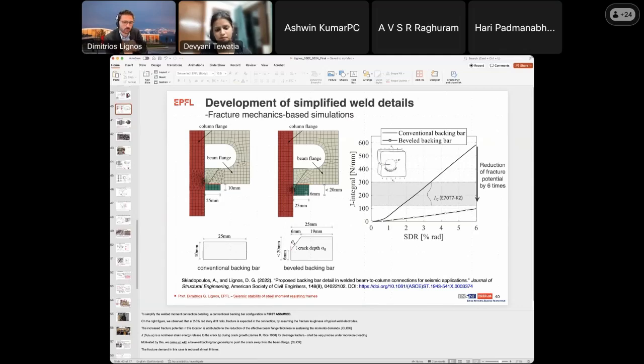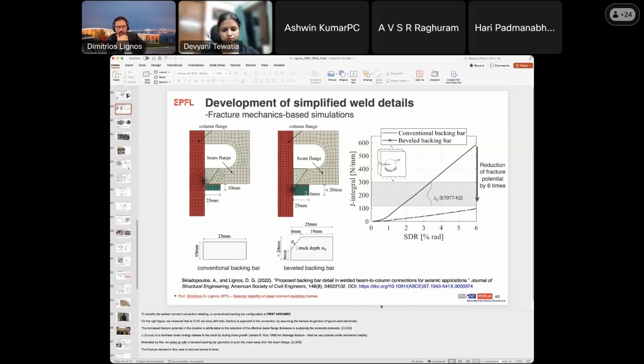So if you want to use a different fracture metric, this is okay. But the way that we are using these results is not because we are trying to evaluate which fracture metric is the best, but we are trying to use a fracture metric that is rational, that shows that the fracture potential could be reduced if we do this fabrication trick.